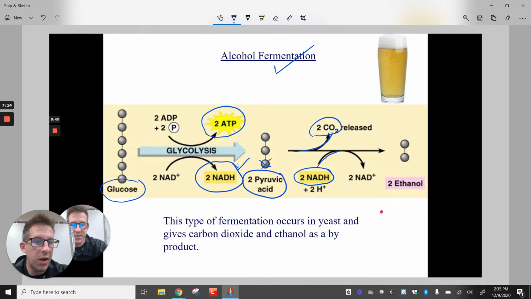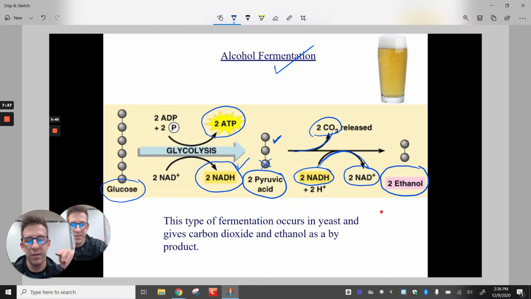We're going to add on some of the high energy electrons that were on NADH. We're going to add them back into the resulting molecule after CO2 is left. And then we're going to regenerate that NAD+, okay? As a result, the end product of alcohol fermentation, or one of the byproducts, is known as ethanol.